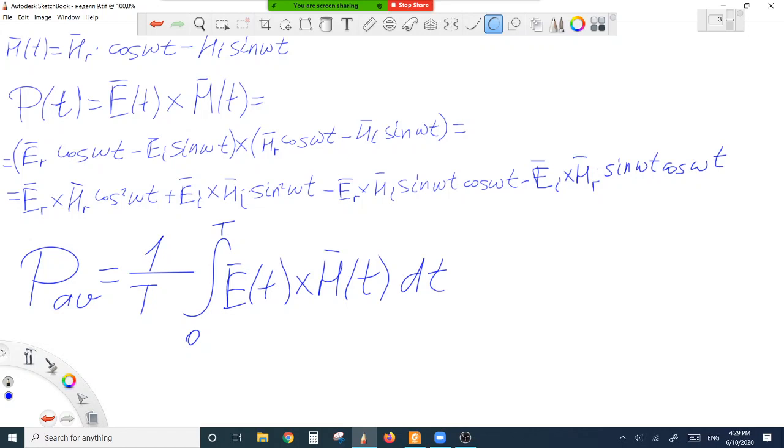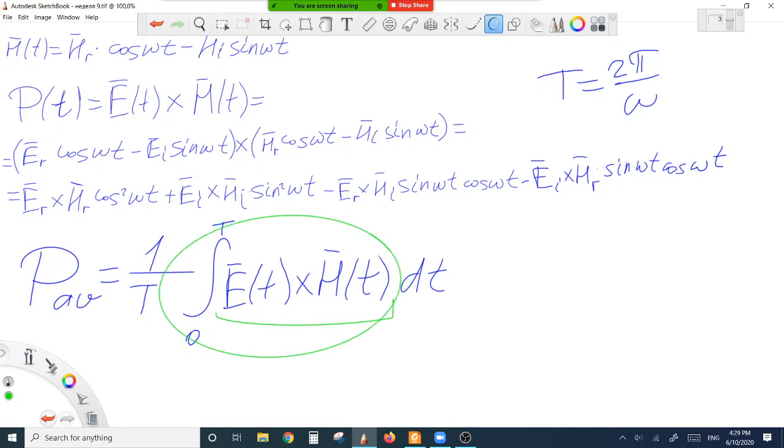Now what is the period? The period is 2 pi over omega, and this integral we may split into four integrals.